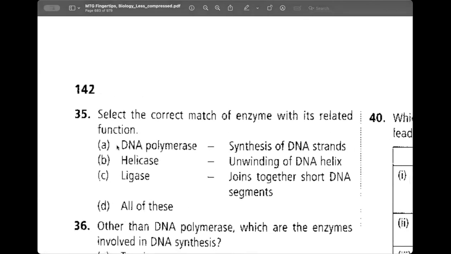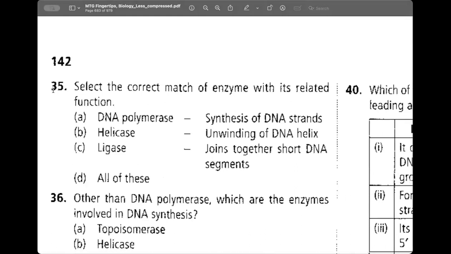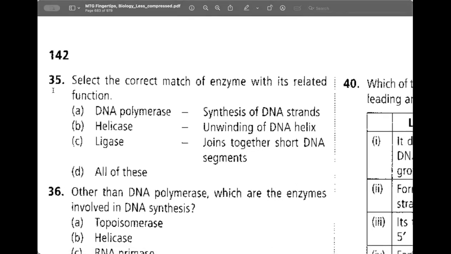Okay. Cool. Question 35. So this is what you have to remember for both entrances.